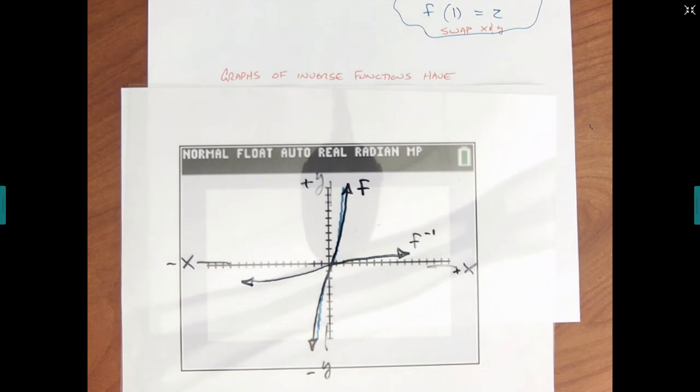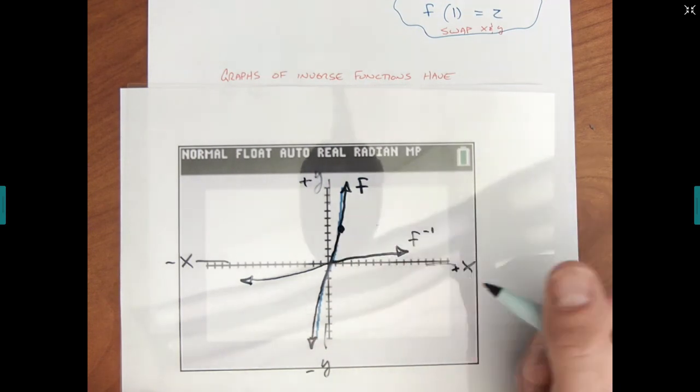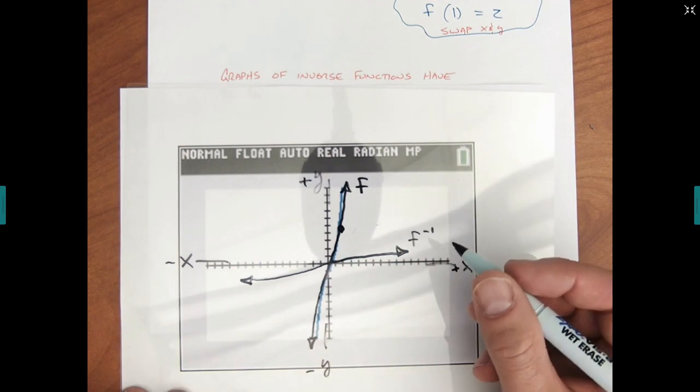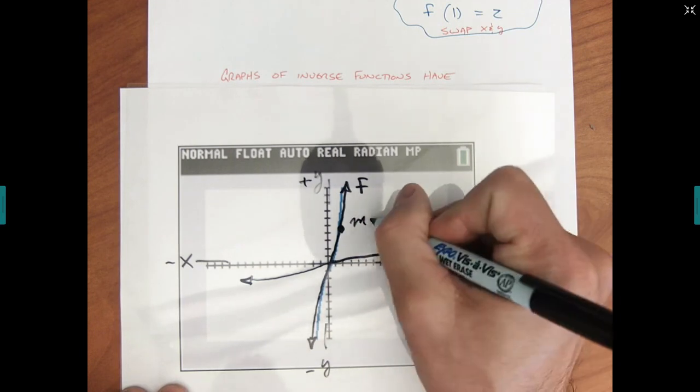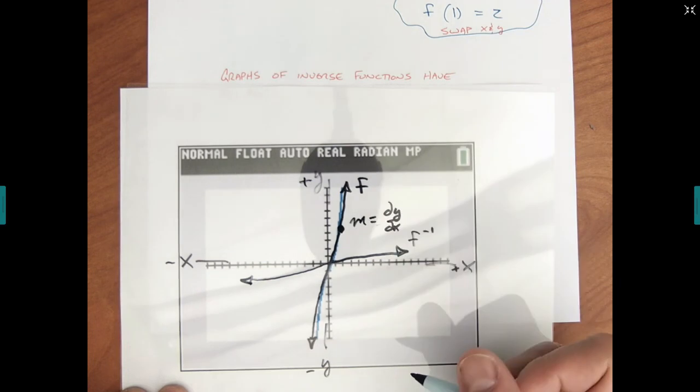So now I'm going to do my best to show at some point then, wherever that might be, there would be a slope, and that slope would be that slope of the tangent line, which we might say the slope of that tangent line would be dy dx, right?